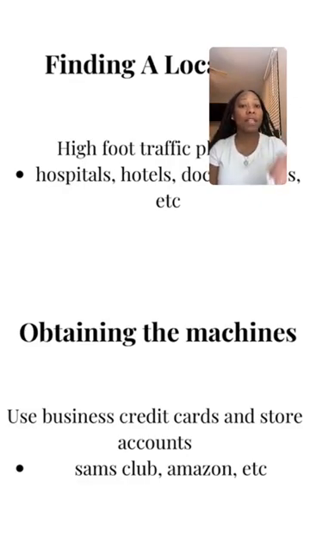Which is specifically I can only use that card in Sam's Club and Walmart because we know they are basically the same company. So I have a $15,000 business credit card with Sam's Club. Being as though Sam's Club sells vending machines, I am able to obtain a vending machine using that credit card.